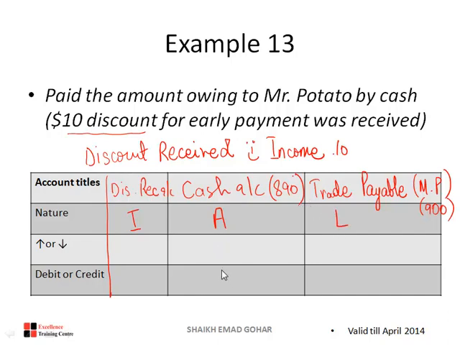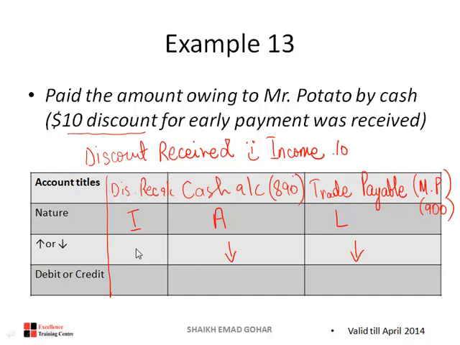Always remember, debits and credits should be equal in figures. Okay. So is liability increasing or decreasing? Because I am paying to Mr. Potato now, liability is decreasing. I am paying by cash. Is cash decreasing or increasing? Because I am paying by cash, asset decrease.